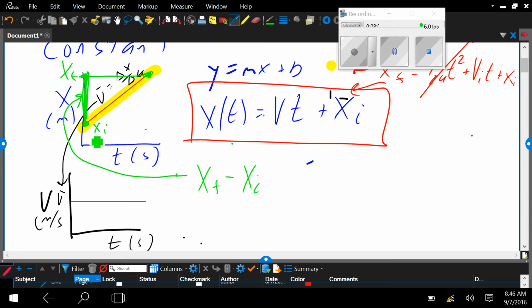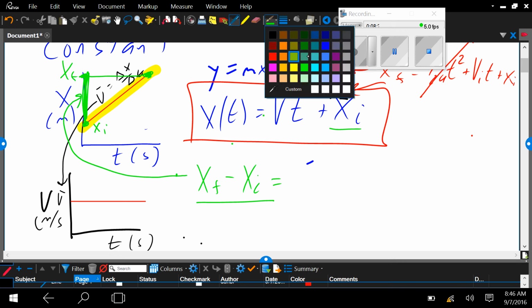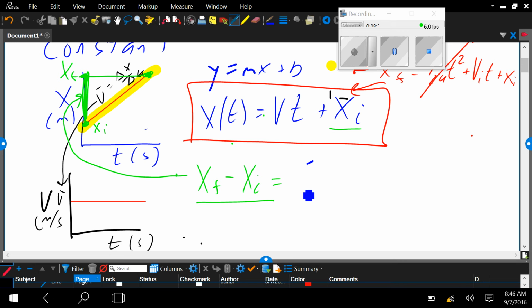Now, please note that these two terms are in my blue equation above, aren't they? If I take the xi right here and subtract it from both sides, I end up with xf minus xi. And so this term right here, see v times t?